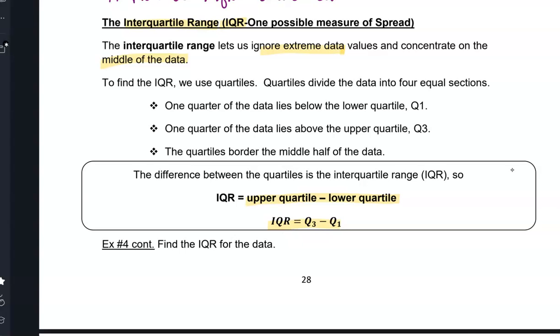That is why it is called the interquartile range. It takes the middle two quartiles, because Q3 is the 75th percentile, so it has 75% of the data points below. Q1 is the 25th percentile, and so it finds the range for the middle 50% of our data, which is beautiful.